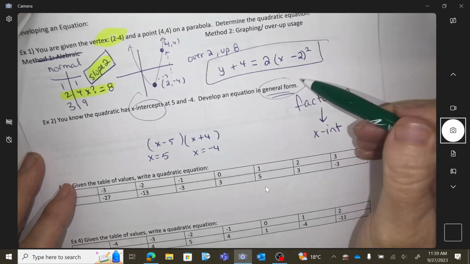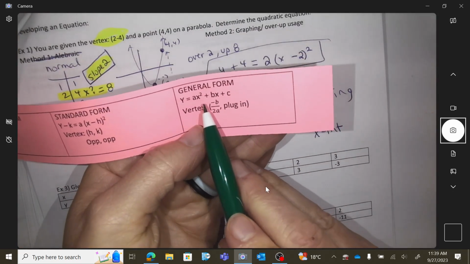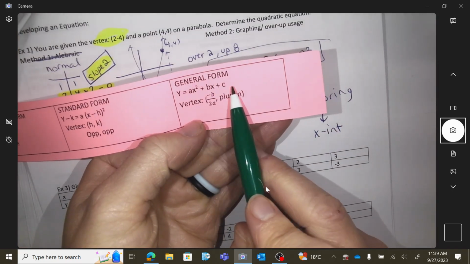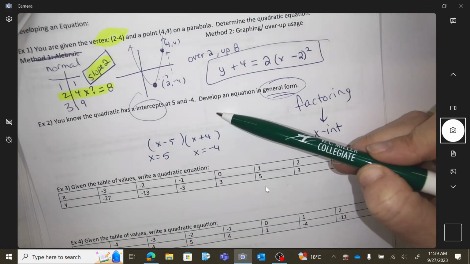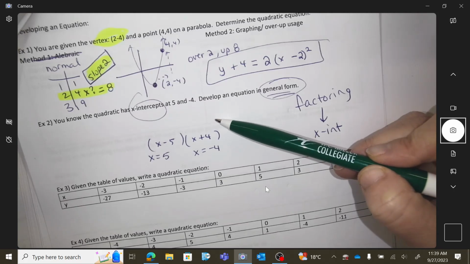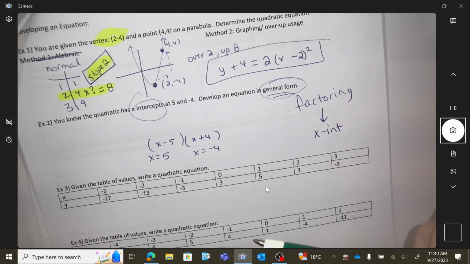And then I'm supposed to get it in general form. So I'm supposed to make it look like this. Would anybody know how I could go to the step above this yet? What? Foil it. Yeah. Heard it. Foil it.